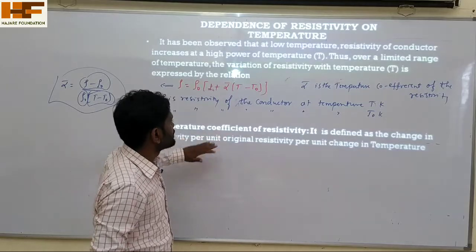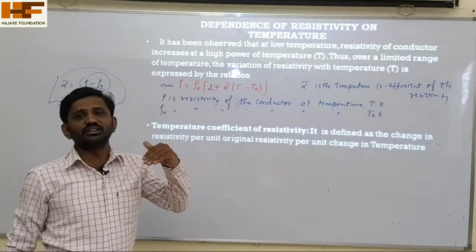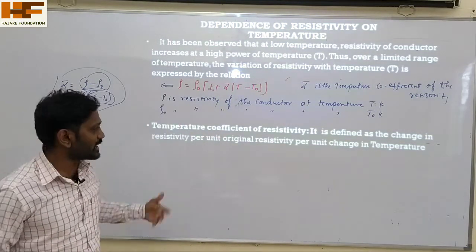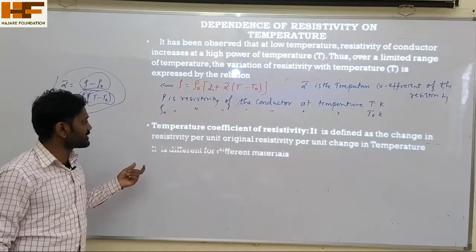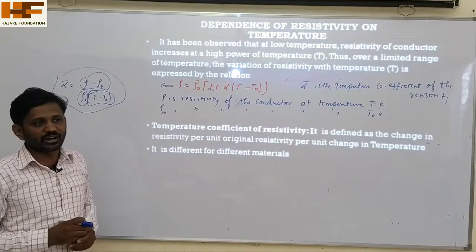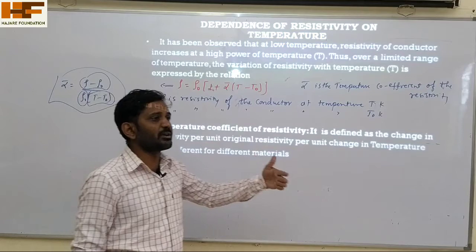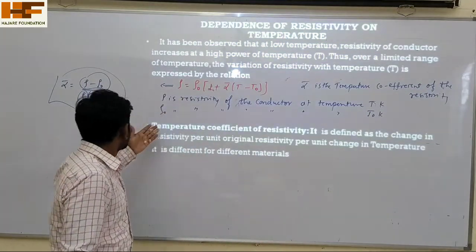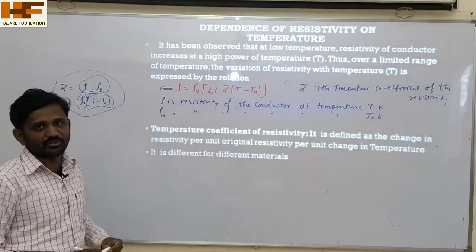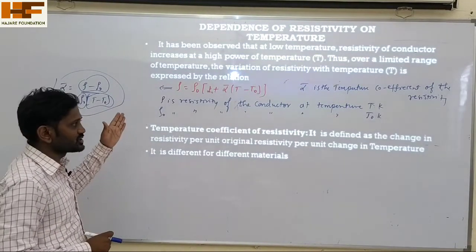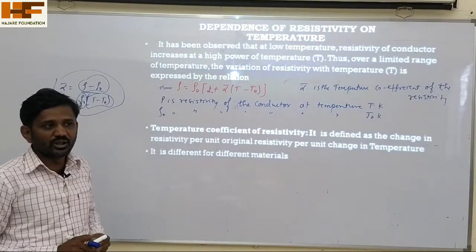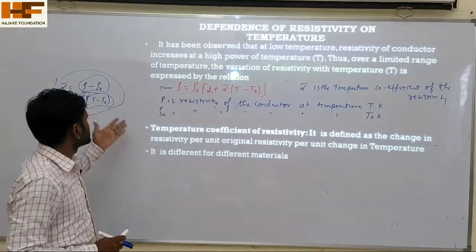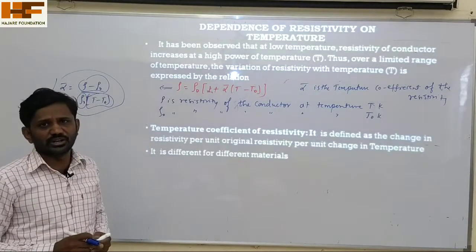This coefficient is different for different materials. For example, copper has a different coefficient of resistivity, and aluminum has a different temperature coefficient of resistivity. Similarly, it depends on the nature of the material.